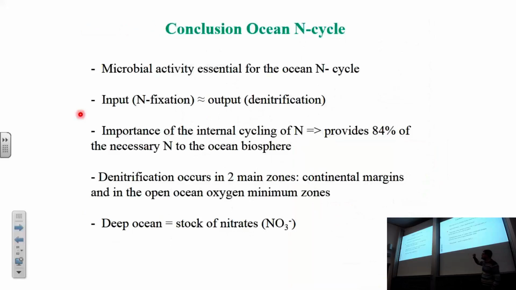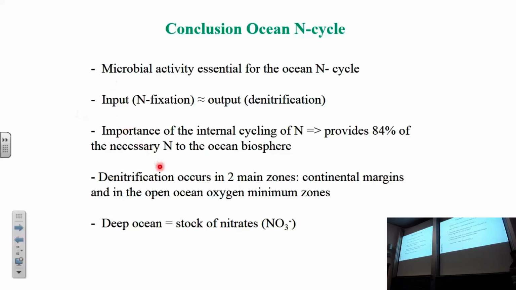But to conclude the nitrogen cycle in the ocean, again, the microbial processes are really key. Fixation and denitrification are the main fluxes into and out of the ocean, and those are almost entirely microbially dominated. Again, internal cycling, the reuse of nutrients, is really important for determining how much life can happen.